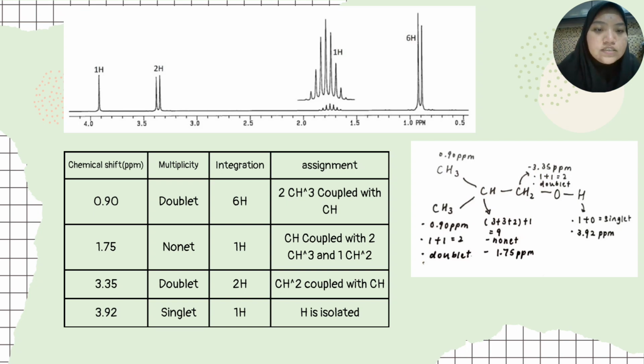And then CH2 for 3.35 ppm, 1 plus 1, that is following the n plus 1 rule. So it is a doublet. CH, nonet at 1.75 ppm, and CH3 doublet at 0.90 ppm. That's all from me.